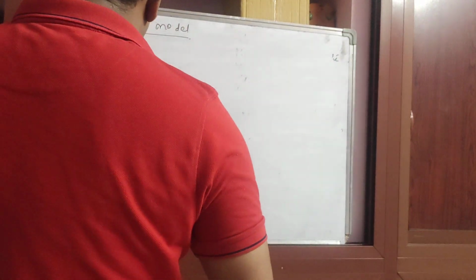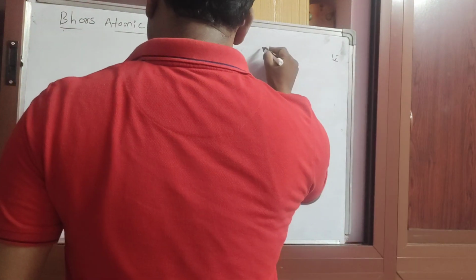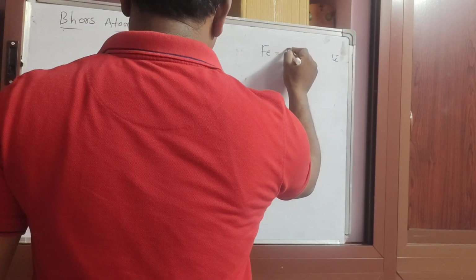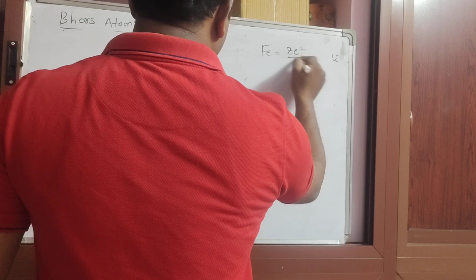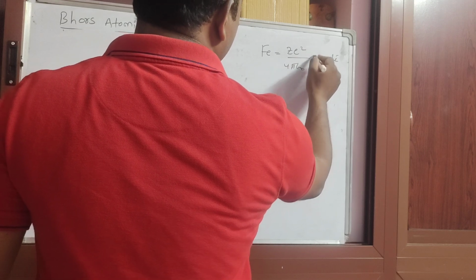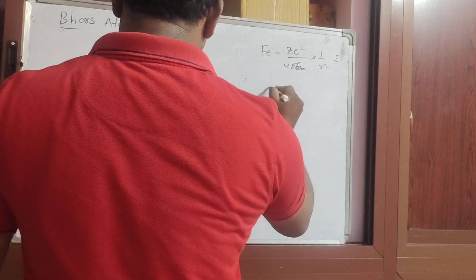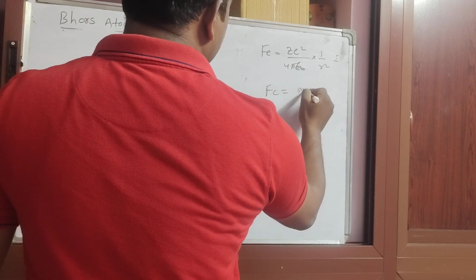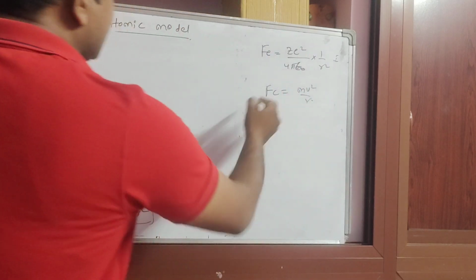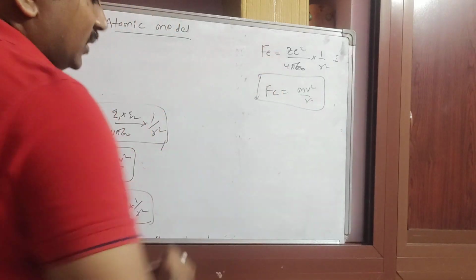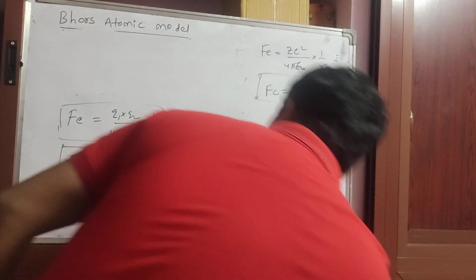You have to remember these two formulas. The electrostatic force F is equal to Ze square by 4 pi epsilon naught into 1 by r square. Next, the centripetal force is mv square by r. These two equations you have to remember.